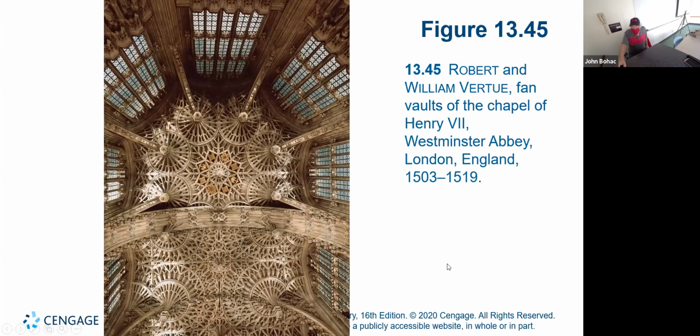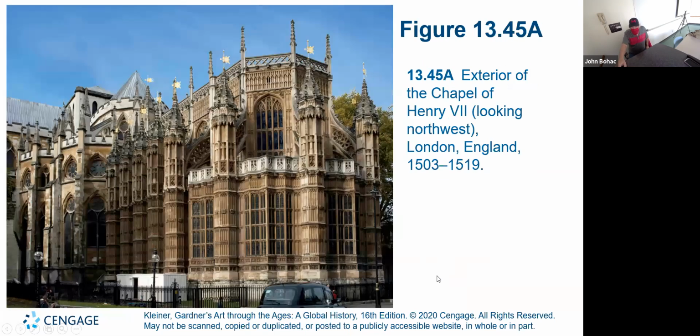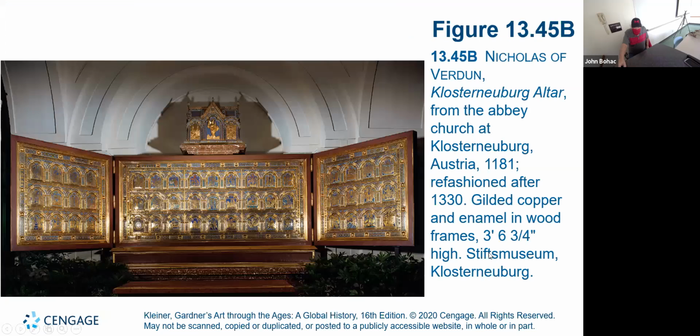Vaults from the chapel of Henry VII. So we're in the 16th century, and it just gets more and more elaborate. The exterior of the chapel of Henry VII. We got some German examples here.